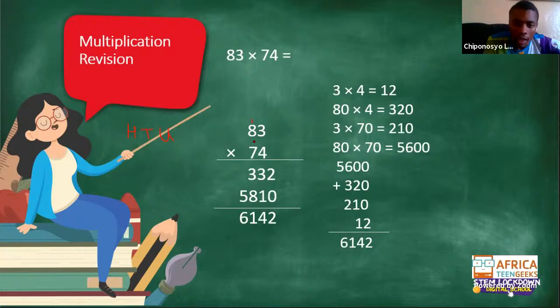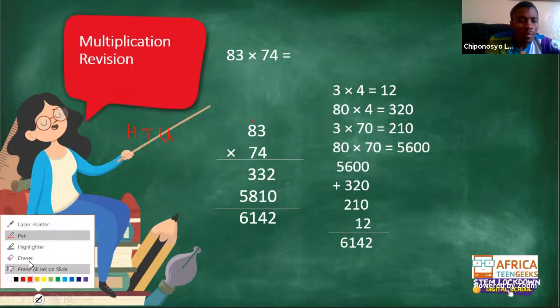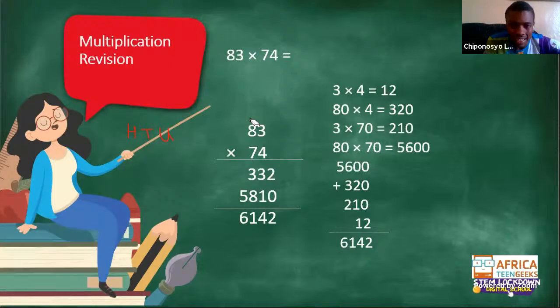Then we move on now. We need to multiply with 70. And since now we're multiplying with 70, guys, we need to put something here called a placeholder.